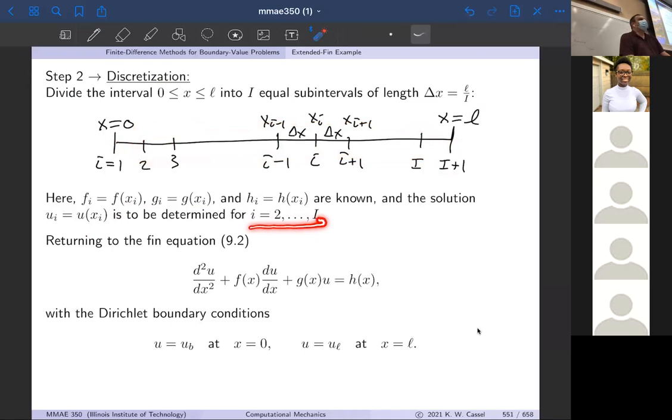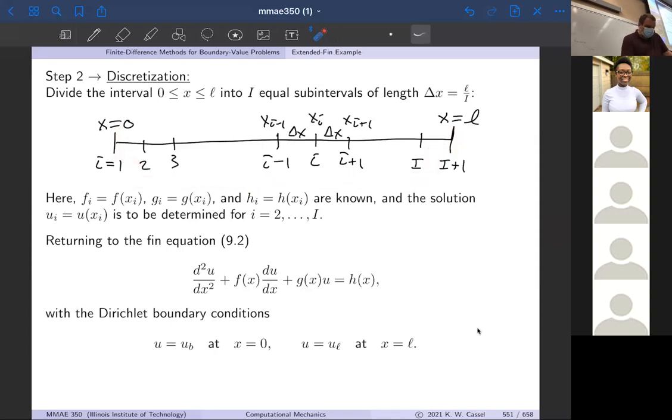Now, if I had something other than Dirichlet fixed boundary condition on one of those sides, which we will in a moment, then that will change. But for now, I know the value of T at the ends. I know the value of u at the ends. Therefore, it's only in the interior values, interior points at which I'm solving for u, the unknowns.